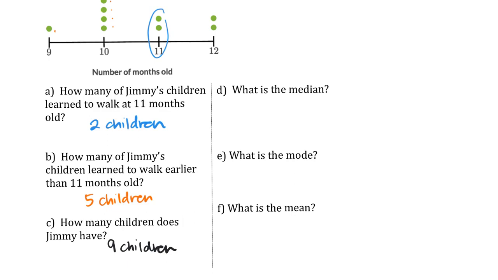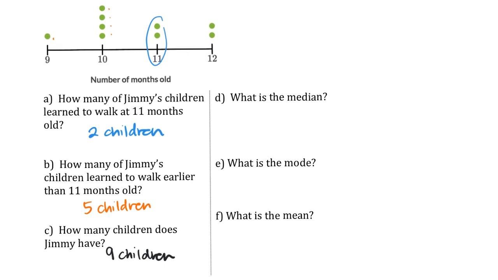Okay, median. I don't really want to write this out the whole way, so I want to kind of split it in half. There is a total of 9 children. So if I split that in half, I have 4 on one side, 4 on the other side, and then there should be 1 exactly in the middle. You don't have to label them.